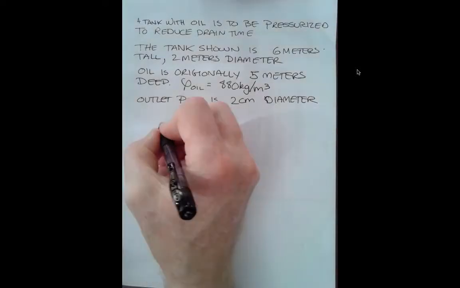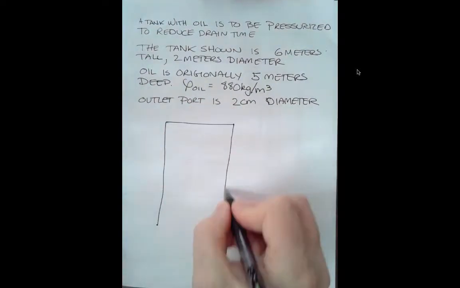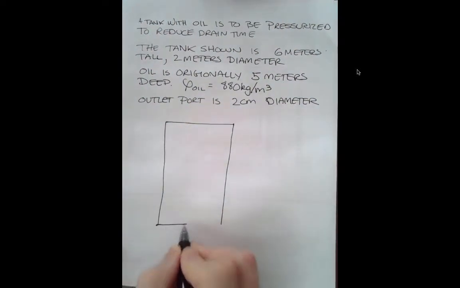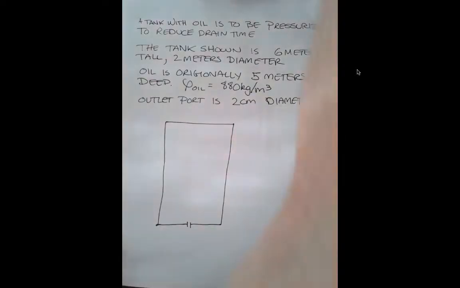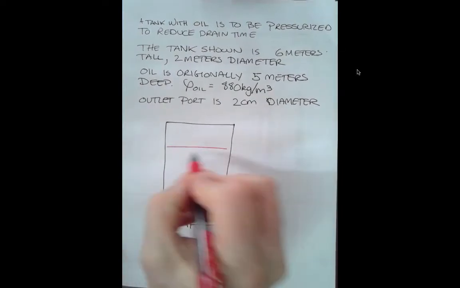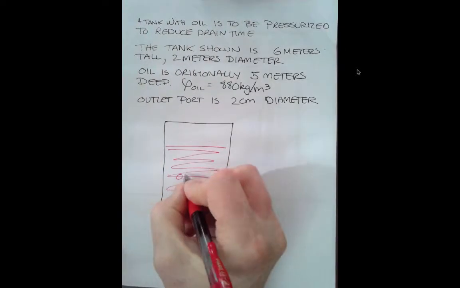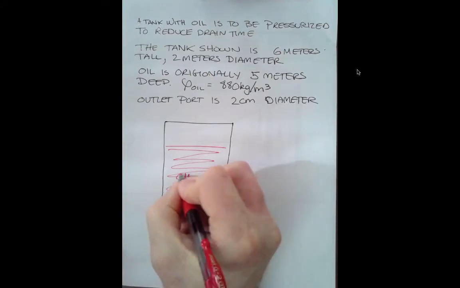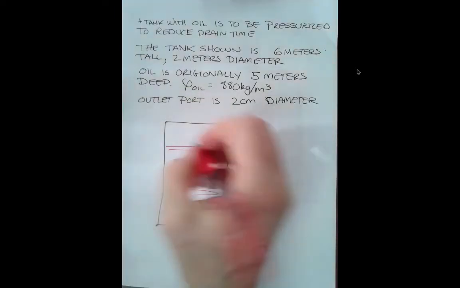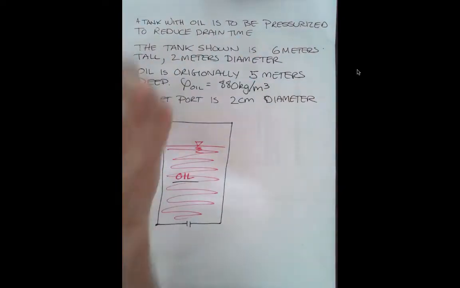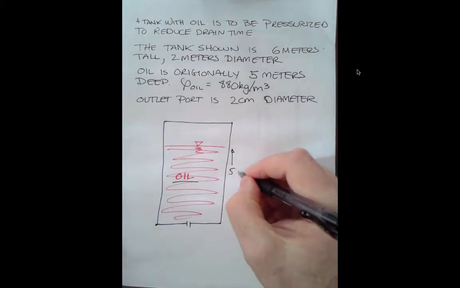Here's our tank. Here's my outlet port. So it's oil. Here's the original oil depth of 5 meters.